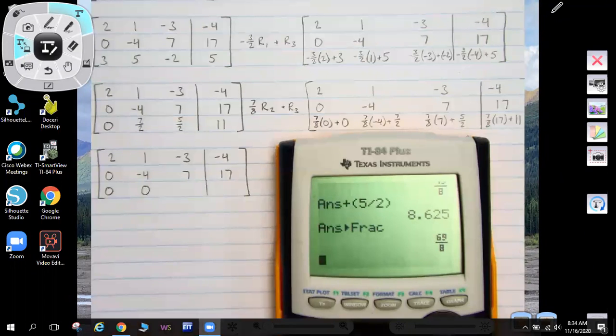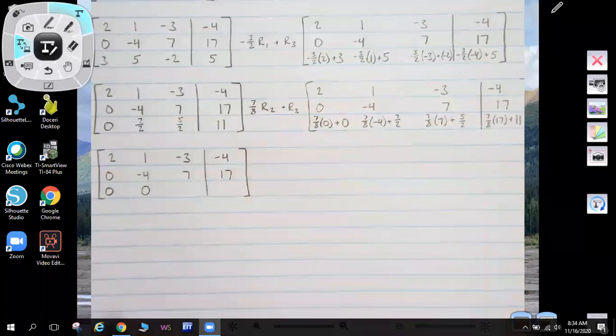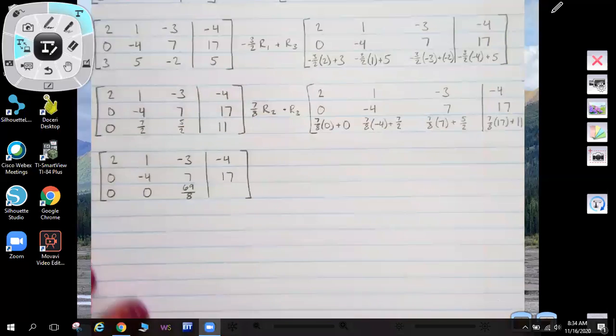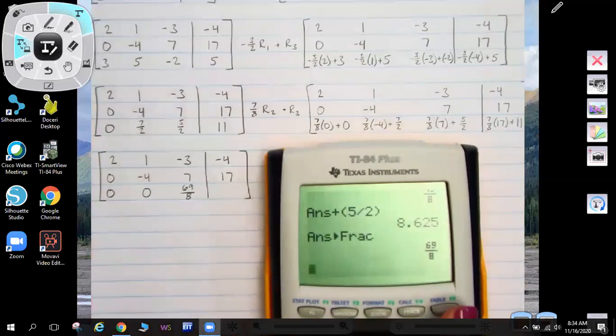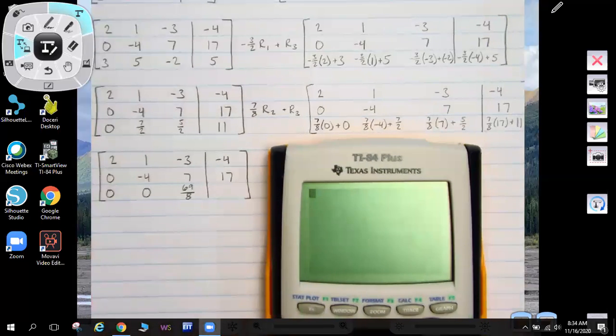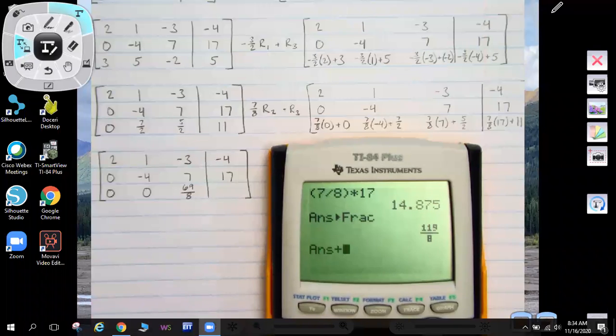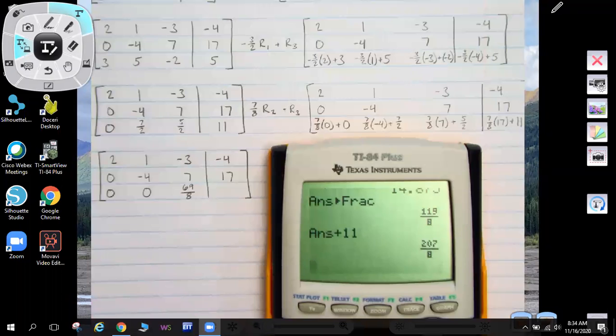The fractions are going to be easier in the end. So we've got 69/8. Then we've got 7/8 times 17 plus 11, which is 207/8.